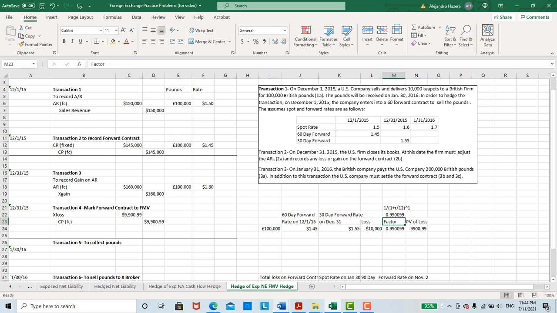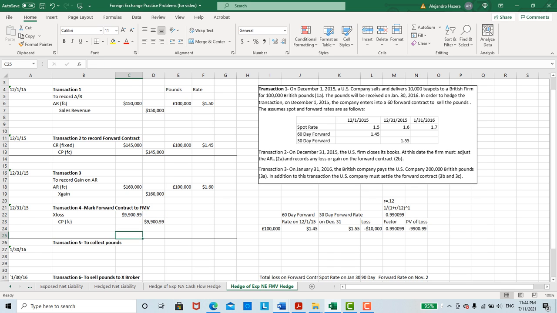And we're going to discount it back. R is equal to 12%, like in the last one, 0.12. And you've got a month to go. You're discounting it back basically from January 30th or 31st, 2016, back to December 31st, 2015. And so the discounted value of that loss is $10,000, or $9,900.